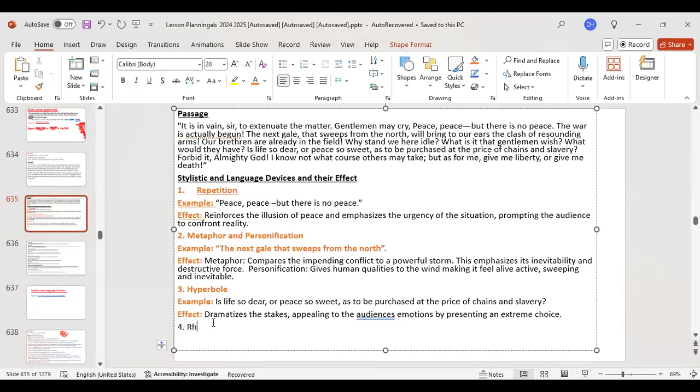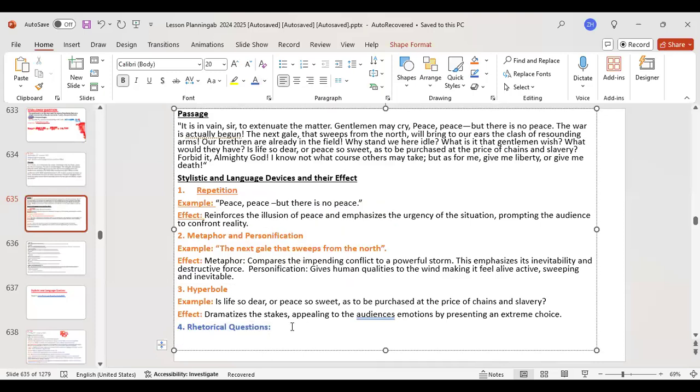Or, I have an answer. It's like, "What is it that gentlemen wish?" I think that's a rhetorical question. That is exactly it. So that's another technique here: rhetorical questions.